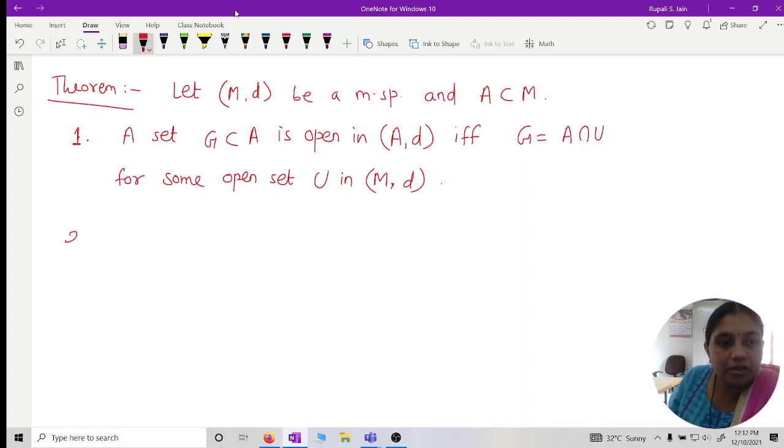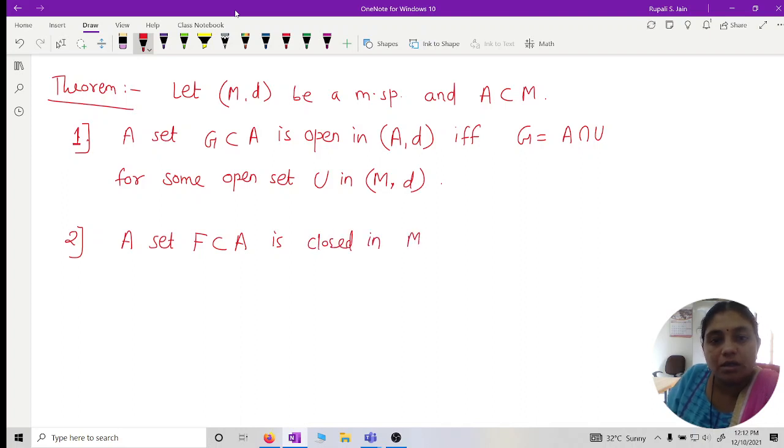And on similar lines, we can have a second statement: a set F contained in A is closed in (A, D) if and only if what?